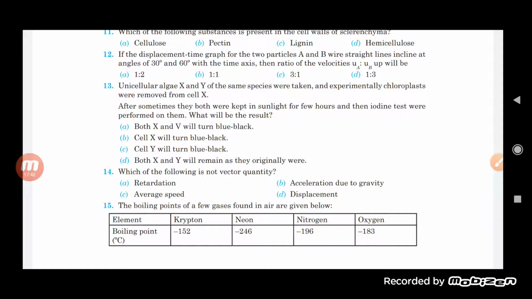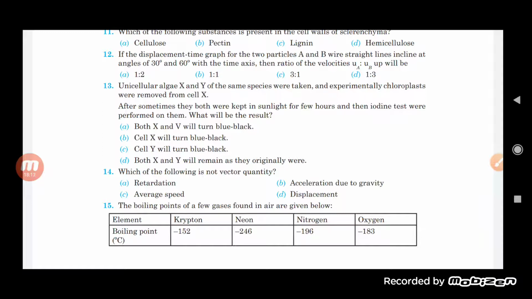What will be the result? So unicellular algae X and Y, both of the same species, and we have removed the chloroplast from cell X, and then we keep both of them in the sunlight. So whether it is going to give the iodine test or not.